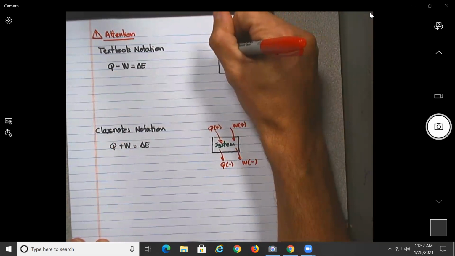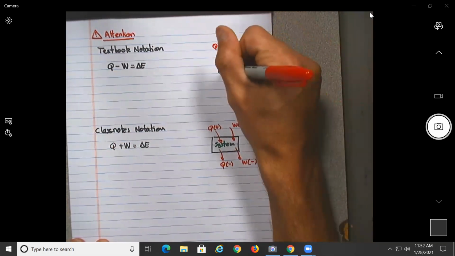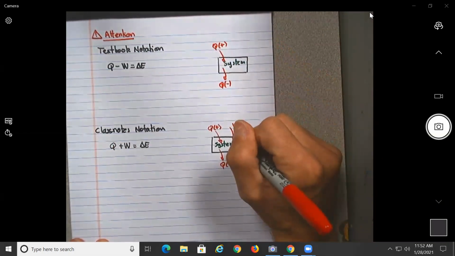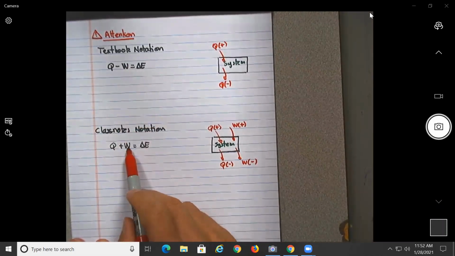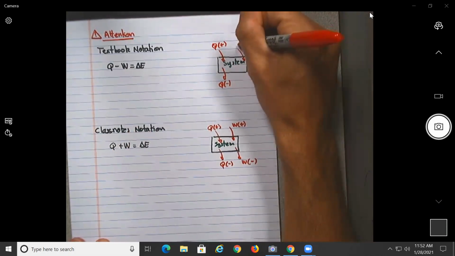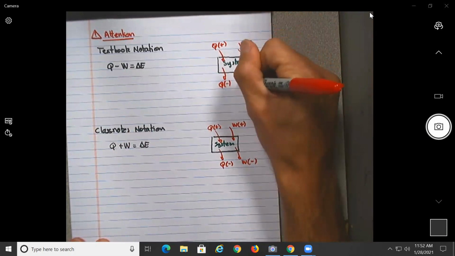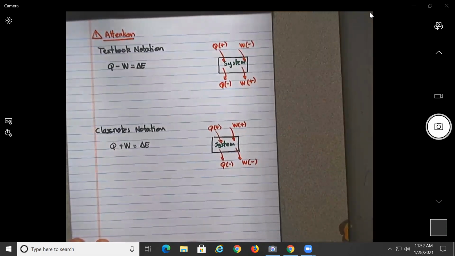So Q going in will still be positive. Q coming out will still be negative. But now what's going to happen for the work? It's going to be switched, no? So work coming in or done on the system would be negative, and the work done by the system will be positive.